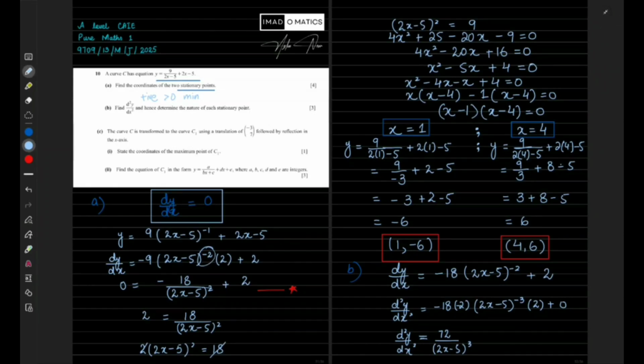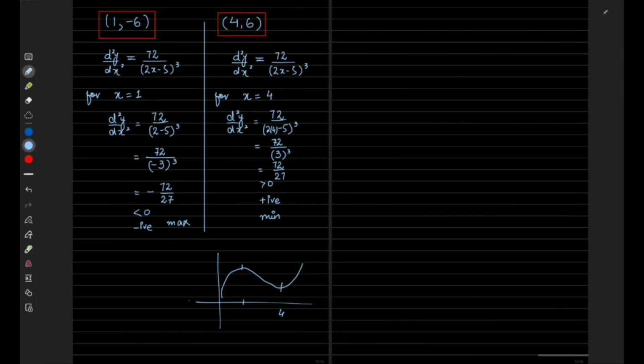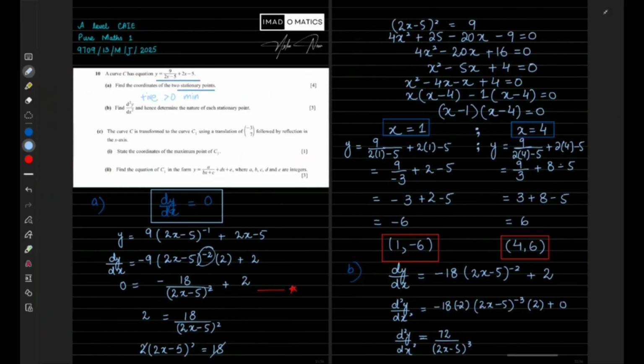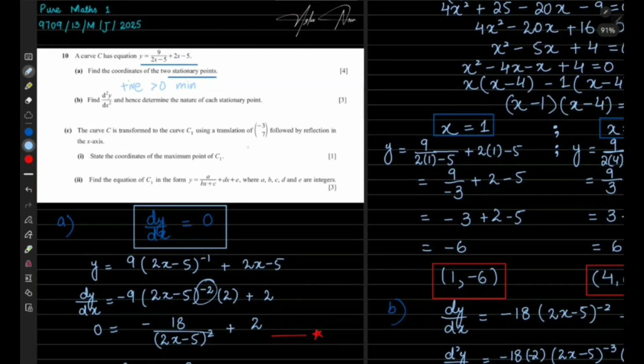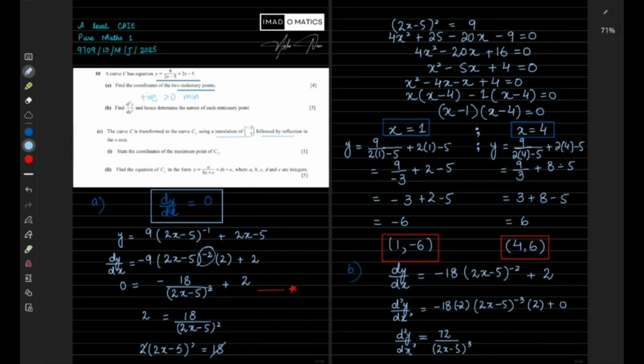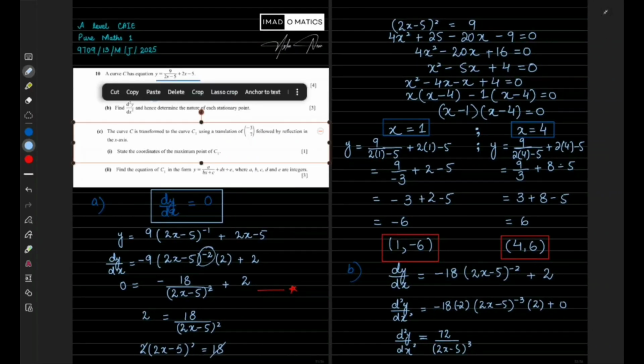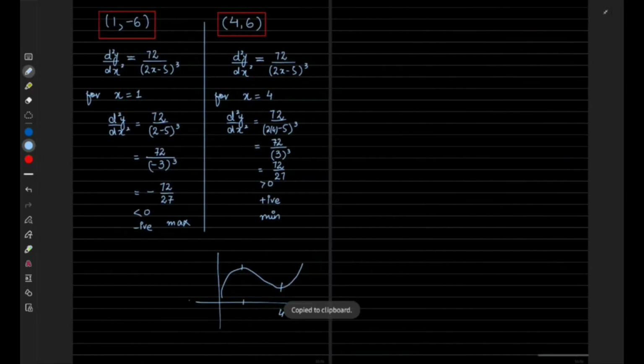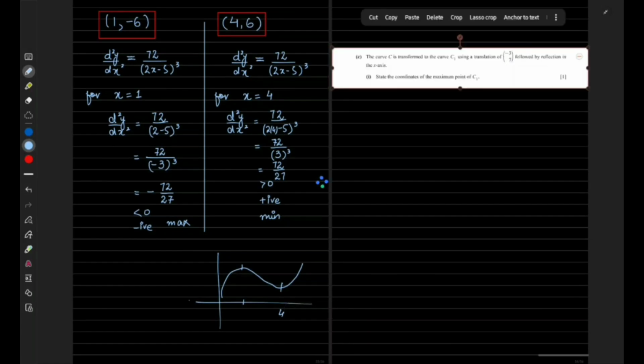Okay, so part C1 we are doing, and state the coordinates of the maximum point of C1. So there are two things happening here, translation followed by reflection. So let's see what are the coordinates of your maximum point. Taking this part of the question to the next page.